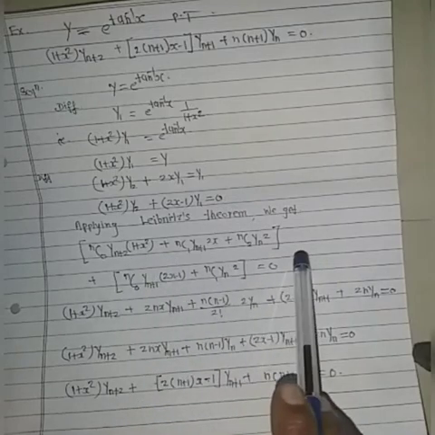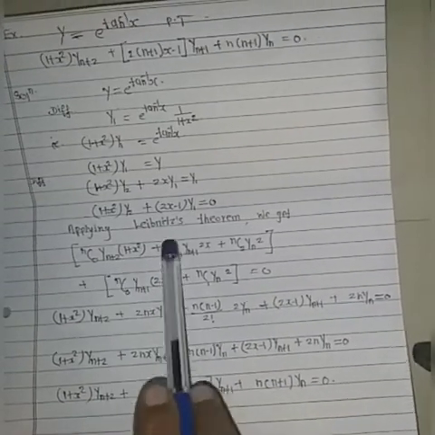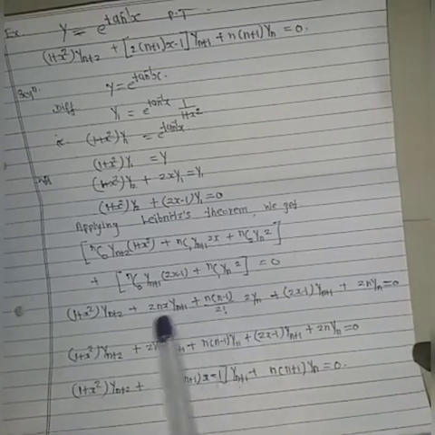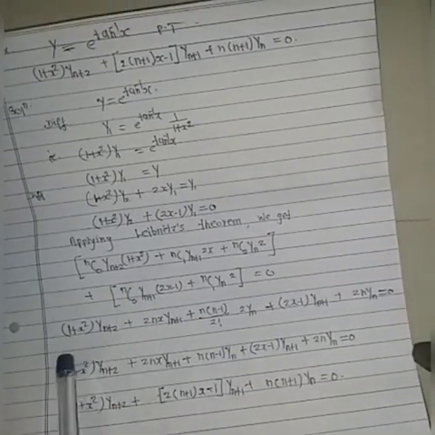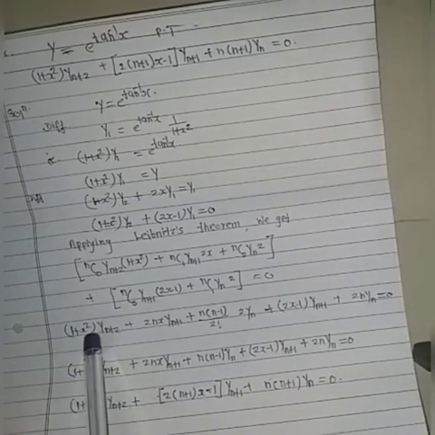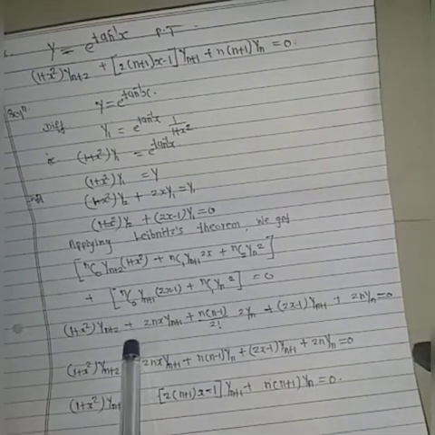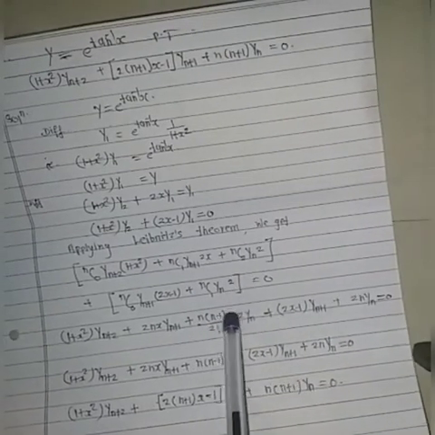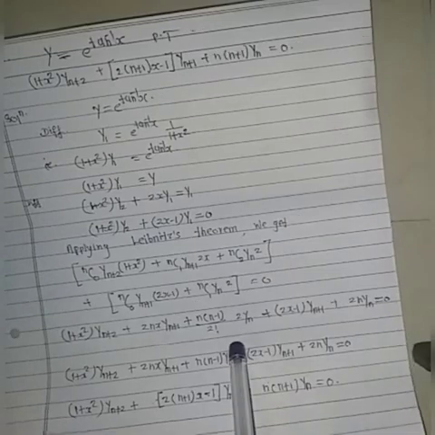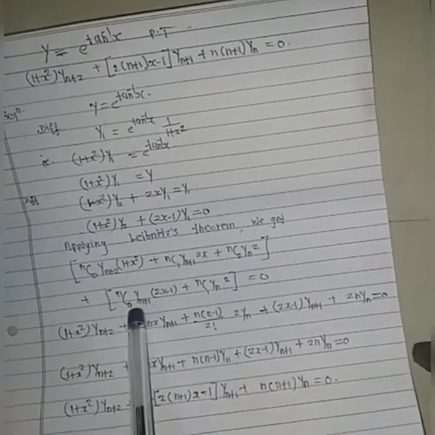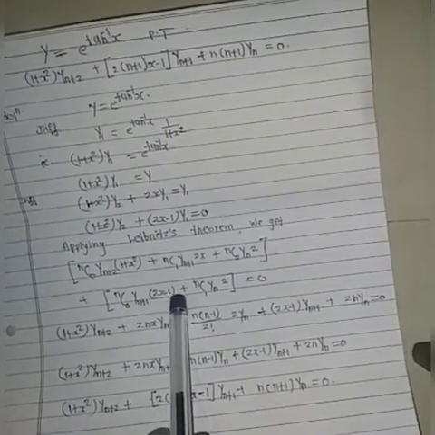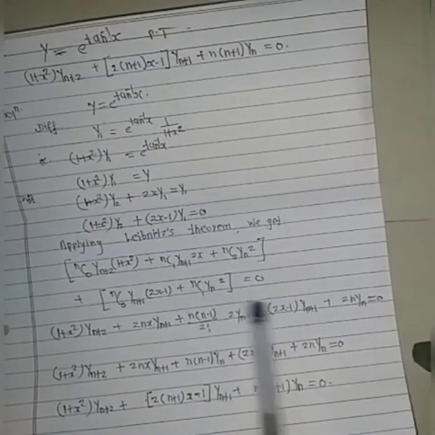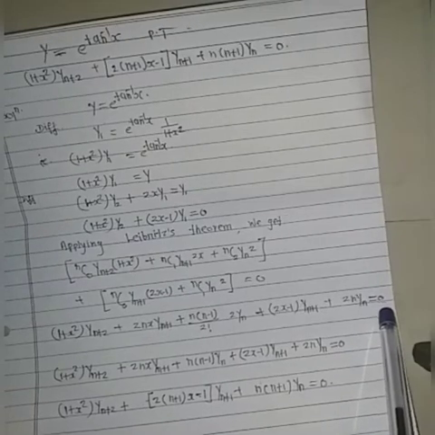Now we have to simplify this. nC0 is 1, nC1 is n, nC2 is n into (n minus 1) upon 2 factorial, so that we get (1 plus x square) into y(n plus 2) plus 2nx y(n plus 1) plus nC2, which is n into (n minus 1) upon 2 factorial, times 2yn, plus nC0 is 1, so that we get (2x minus 1) into y(n plus 1) plus 2n yn equal to 0.